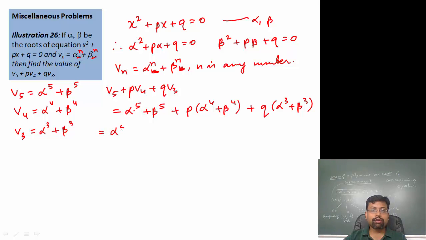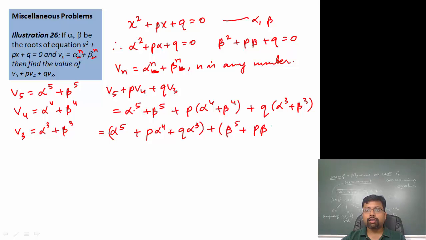Let's simplify it further. Let's take the alpha terms together and the beta terms together. So you have the alpha terms in one place and the beta terms just next to it: alpha 5 plus P alpha 4 plus Q alpha 3, and beta 5 plus P beta 4 plus Q beta 3. In the first bracket you have alpha cube as common.